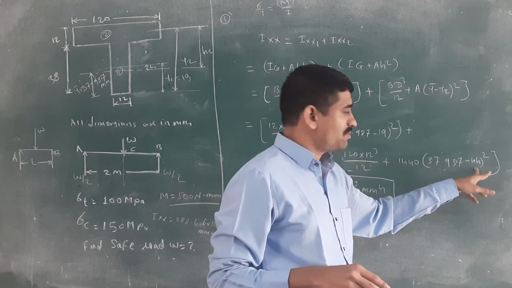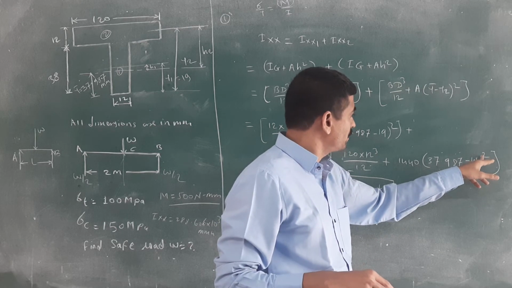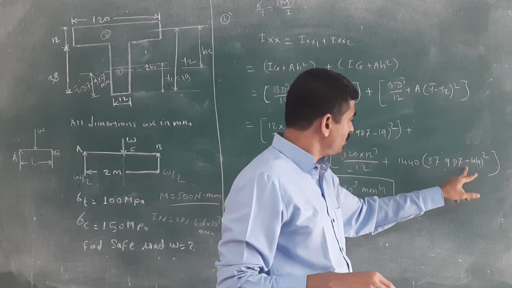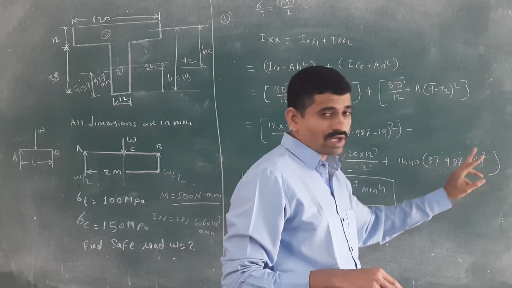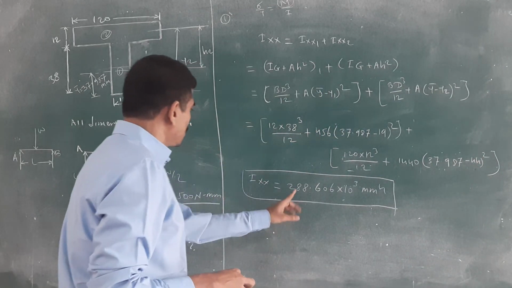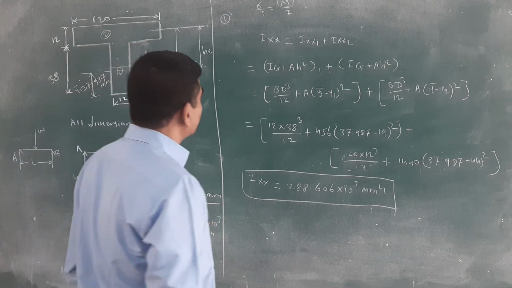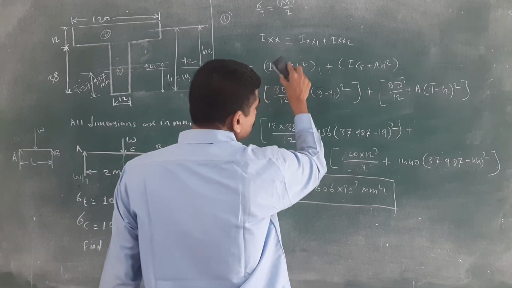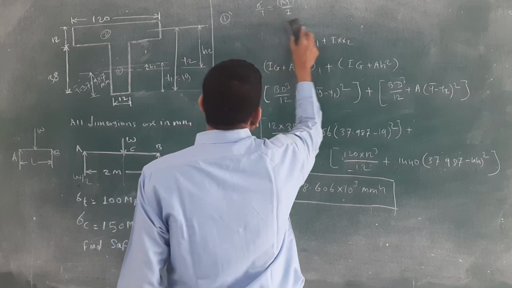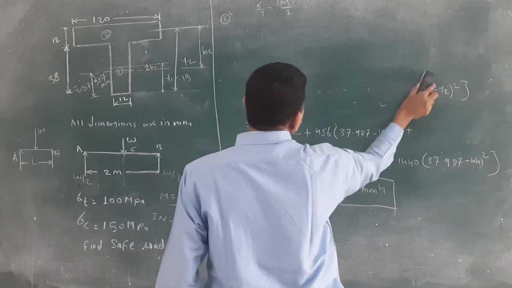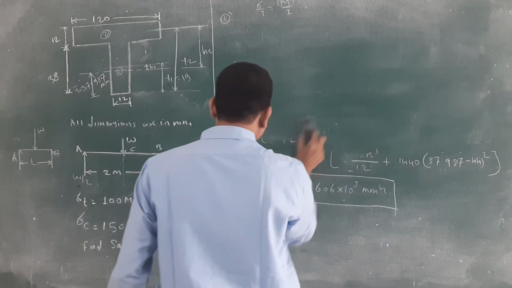Okay, you will get the same answer because square is there. If the sign changes, no issue, because the square gives a positive value. That's why keep it as it is. Once you have calculated that Ixx, then use the formula M by I is equal to sigma by Y, the bending formula.